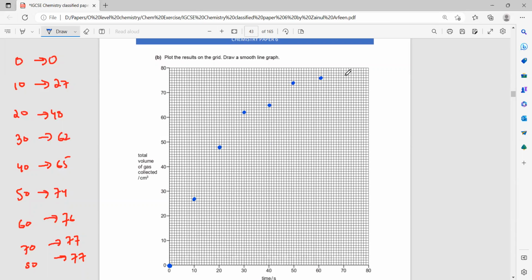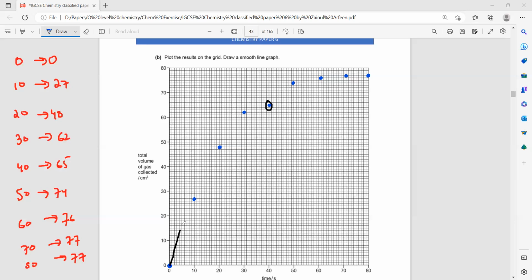And then we have 70 and 77, and 80 and 77. So these are the points. Whenever we want to draw the smooth line graph, we'll ignore any anomalous result. As you can see in the pattern, this point looks out of the pattern.